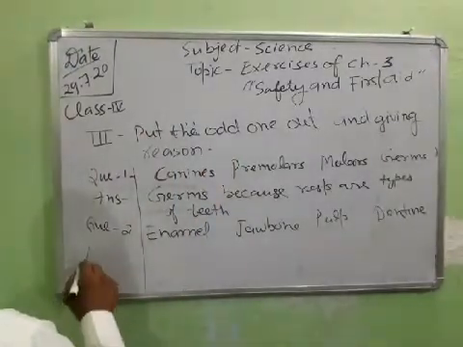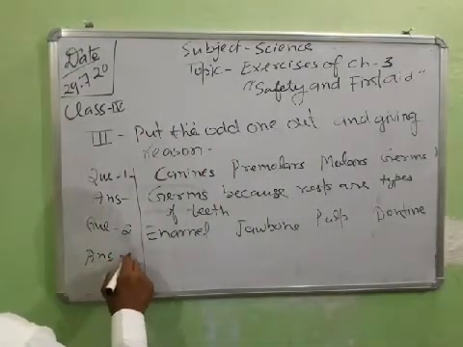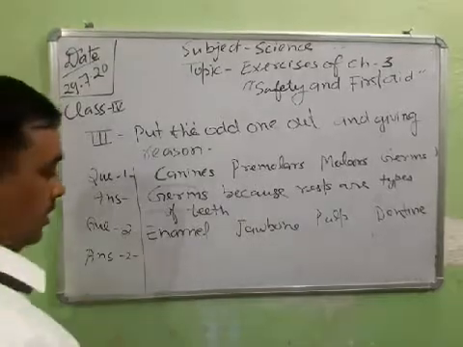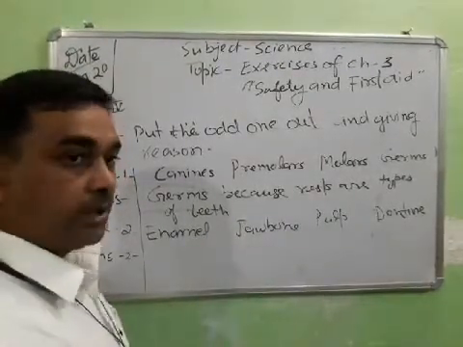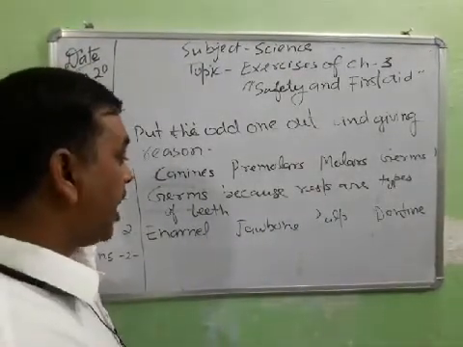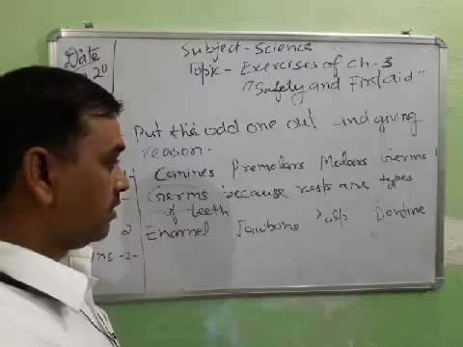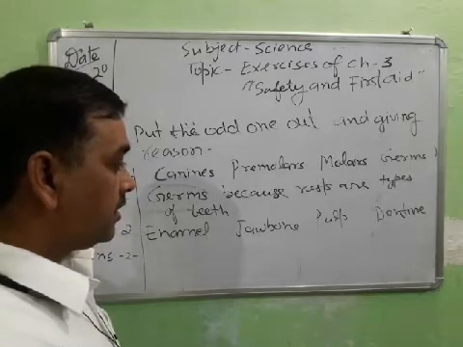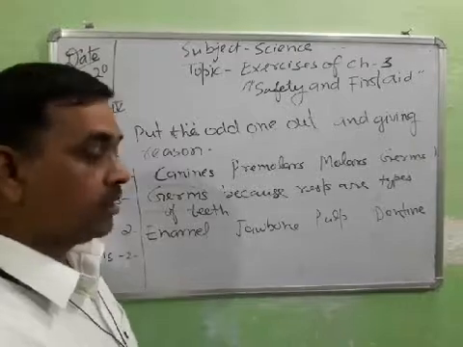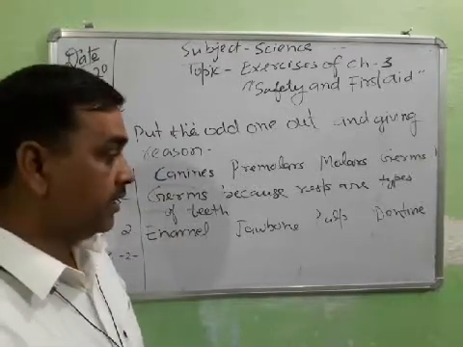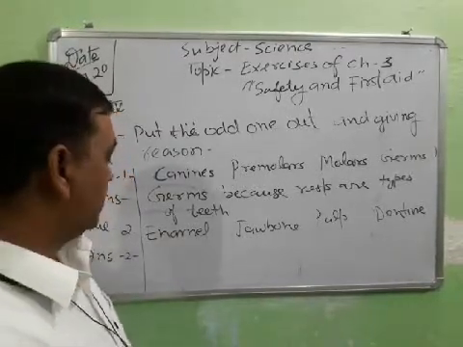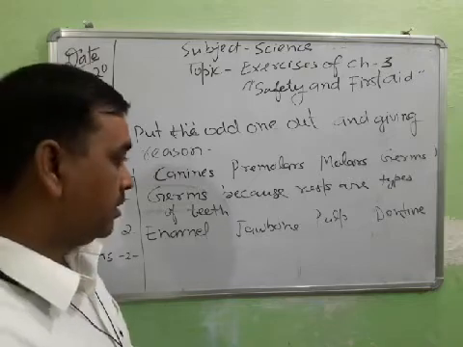Answer 2: enamel is the outer covering part of the teeth. Jawbone, it is the inner. Pulp is the innermost part where the nerves are present, and dentine is below the enamel part.